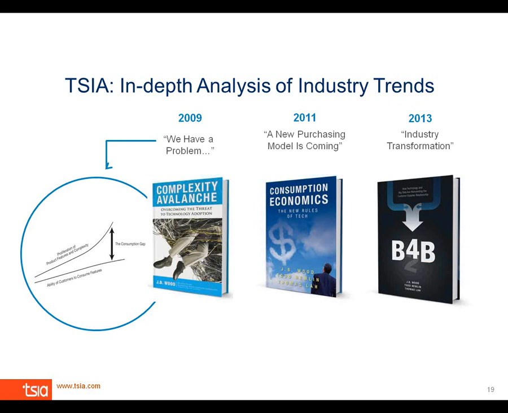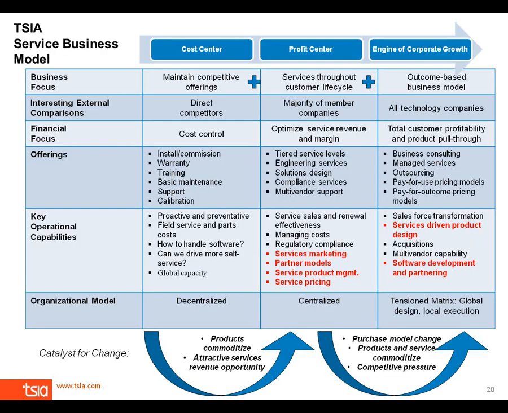If we move to the next slide, over the years we've developed frameworks, just like Randy noted, and talked about different service business models for our member companies to help them understand and navigate their way through these changes.